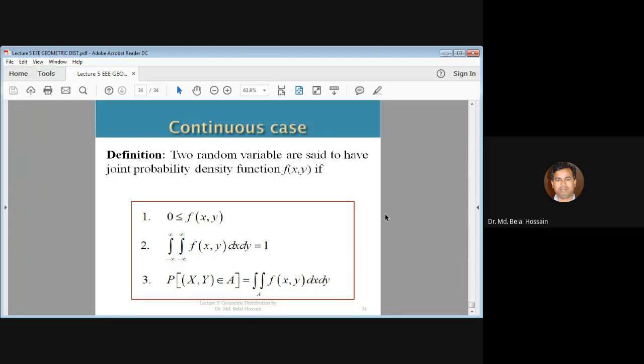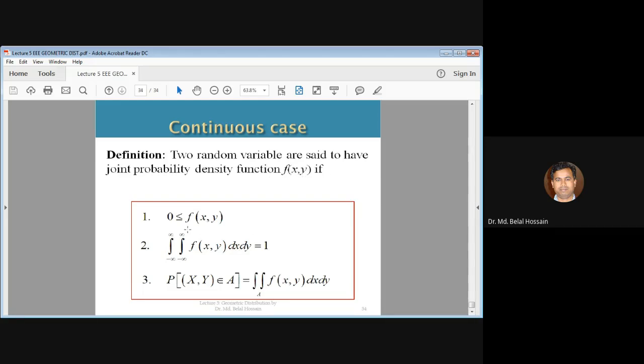Okay, here we have continuous cases for two random variables. Two random variables have a joint probability density function, so we have to write f(x,y).